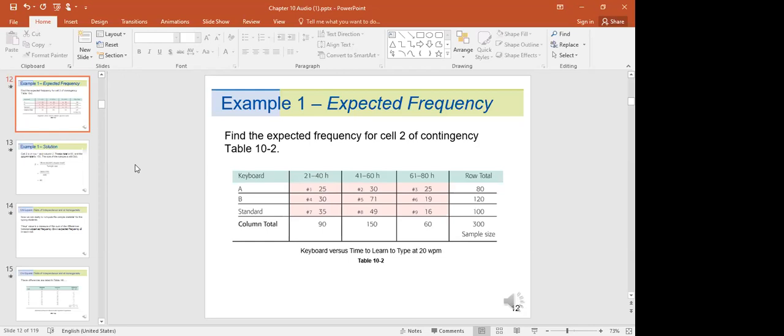And we will scroll down to letter C, chi-square test. Then you press enter.